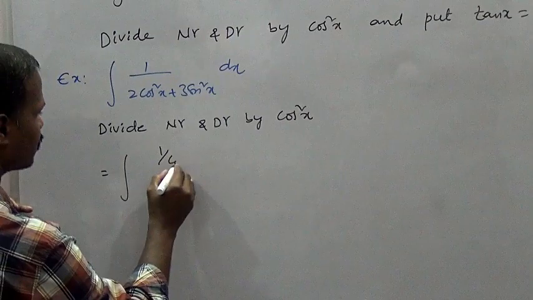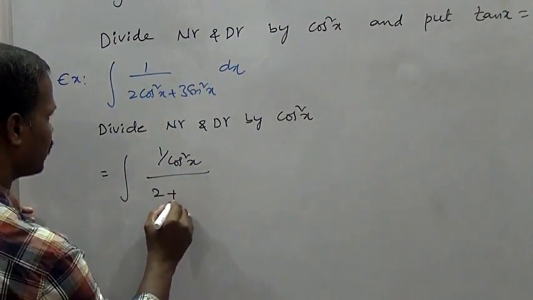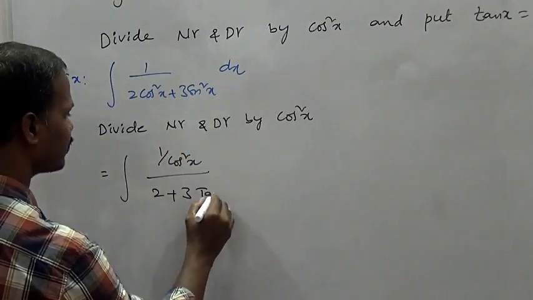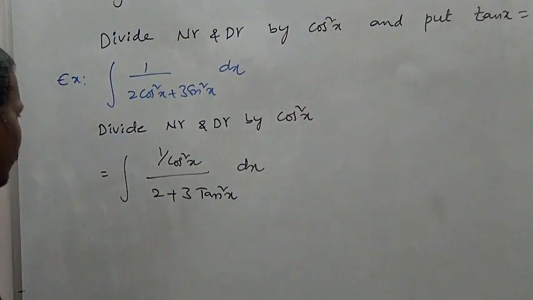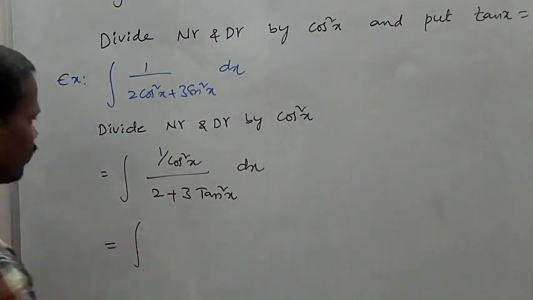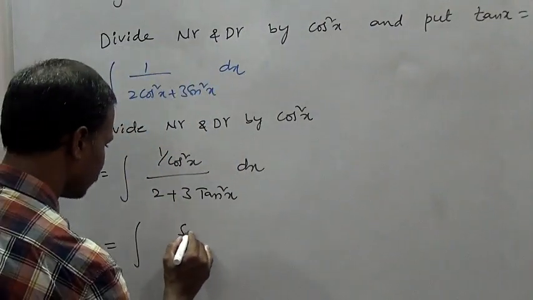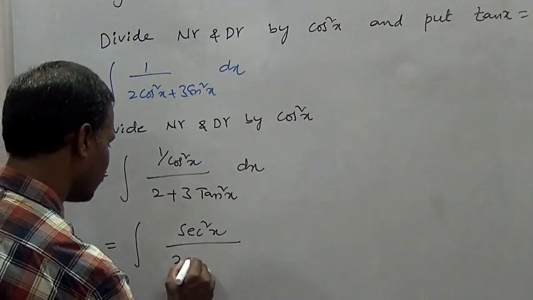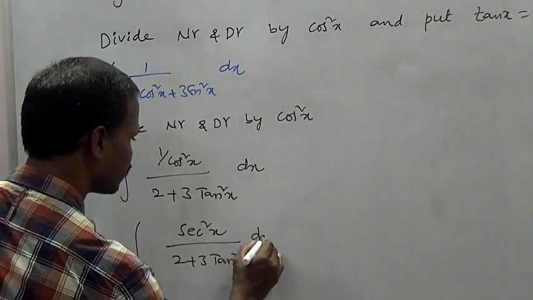Integral 1 by cos square x by, this is 2 plus 3 into sin square by cos square, tan square x dx. Now this is equal to integral, 1 by cos square x is secant square x, secant square x by 2 plus 3 tan square x dx.